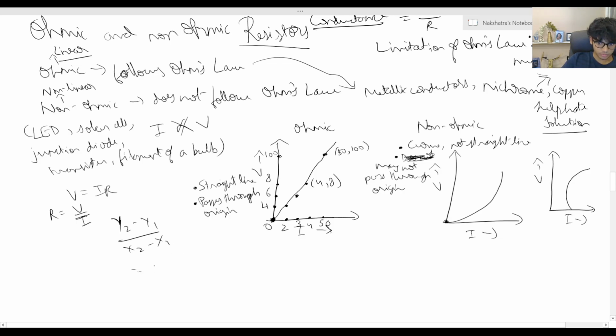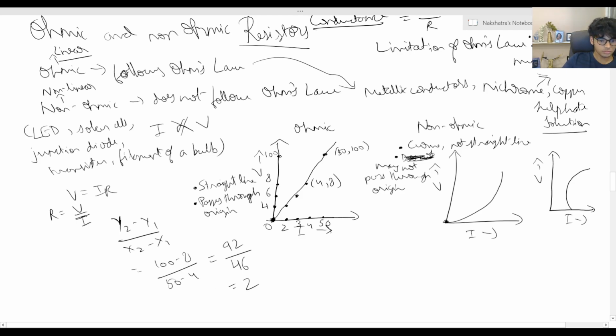Following the formula, 100 minus 8 upon 50 minus 4, which is equal to 92 upon 46, which is equal to 2.